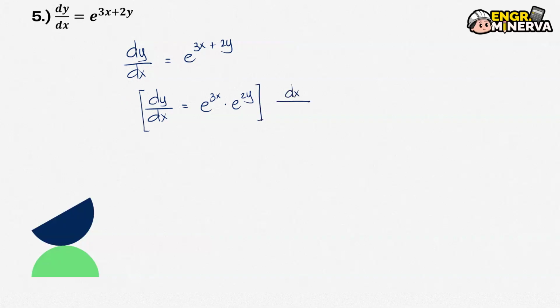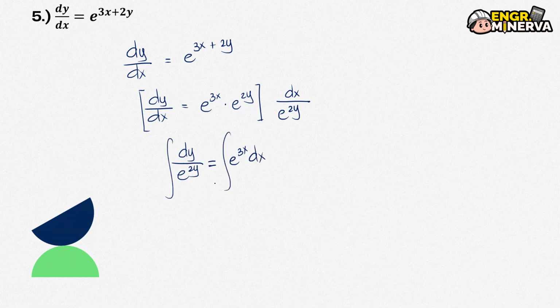That would be the x. And we divide the whole equation by e raised to 2y. The result would be dy over e raised to 2y equals e raised to 3x dx.